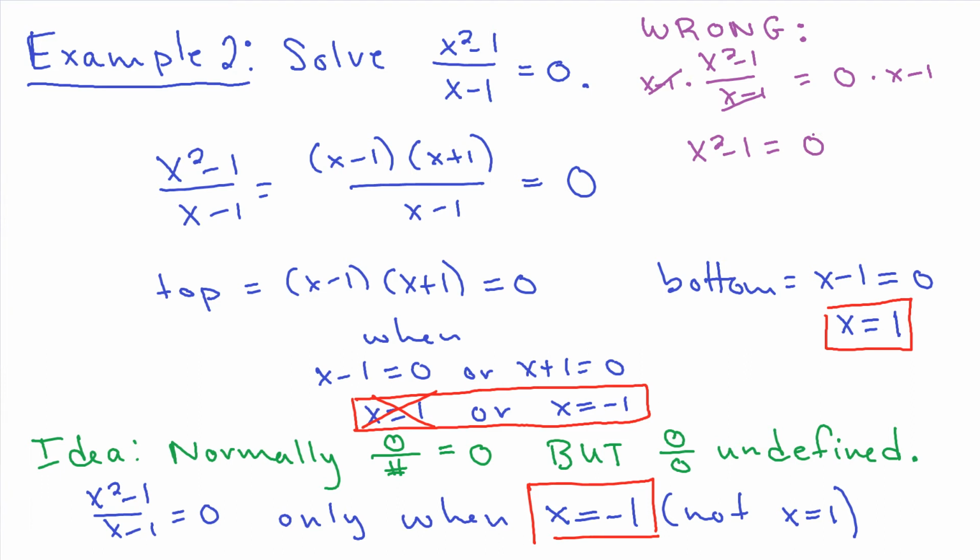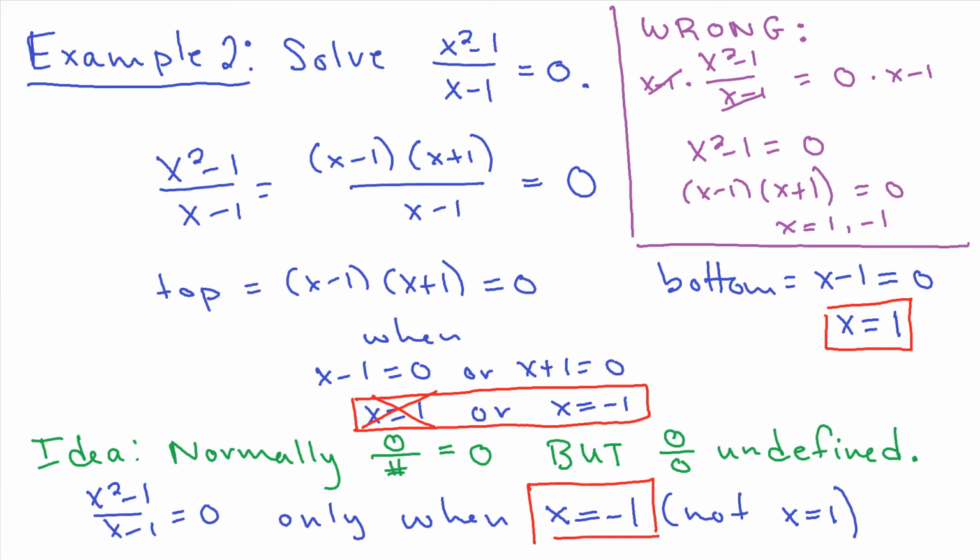And on the right-hand side you just get 0 and then you factor. And you end up with x is equal to 1 and minus 1. Again, that is wrong, because what we said in our correct work is that when the bottom is 0, the expression is undefined, and it can't be equal to 0 when it's undefined.